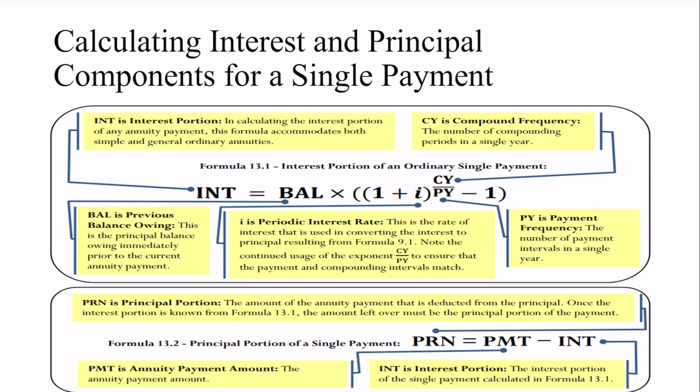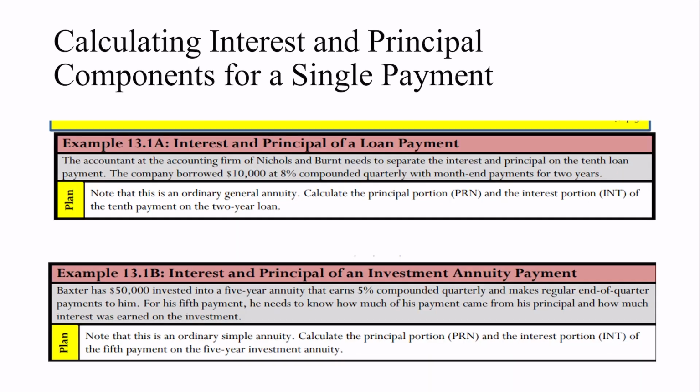PRN is equal to PMT minus INT. Now, what is PRN? That's the principal component of the amortized payment or annuity, PMT minus INT, which is interest. So we calculated interest here. If we subtract this interest from the PMT, which is a regular payment, that's going to be the adjustment toward the principal.